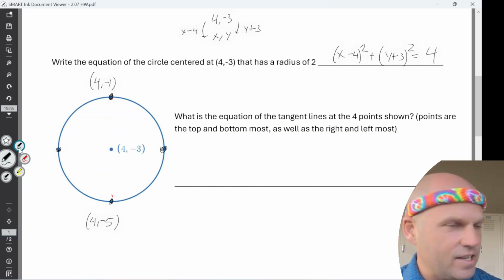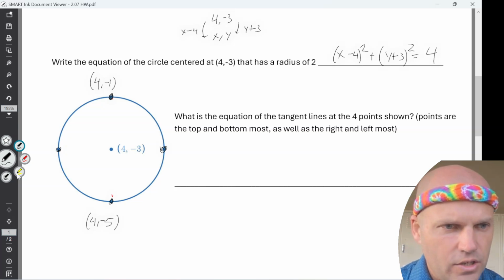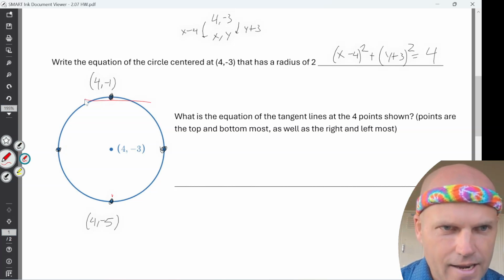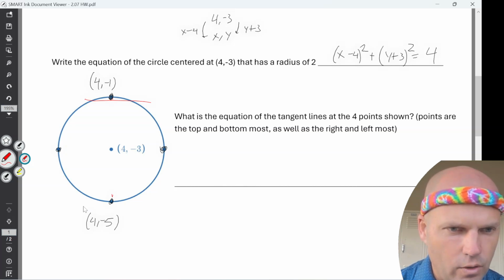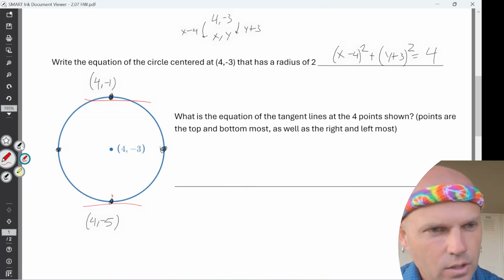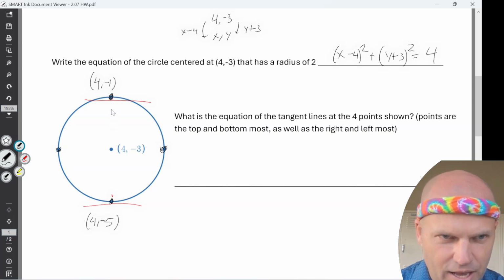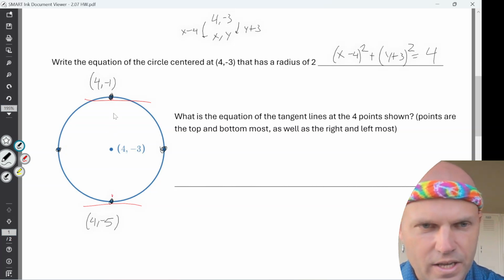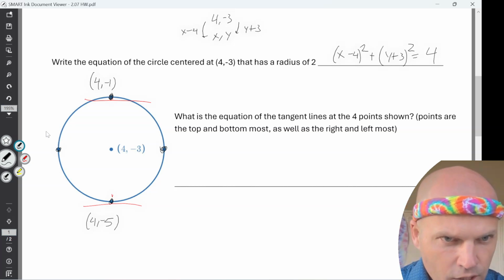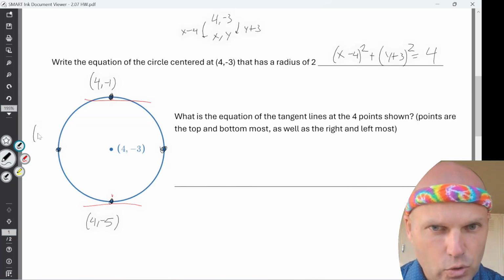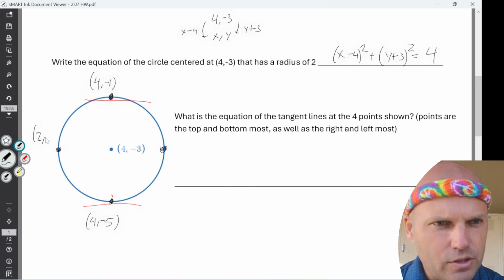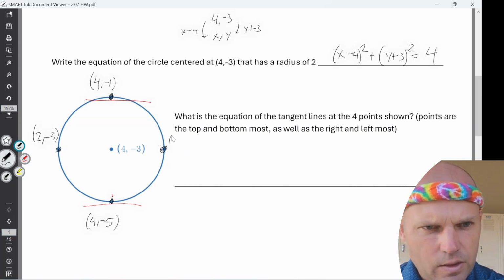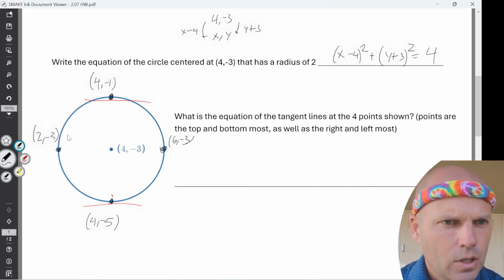Okay, I'm actually not going to say x equals 4 is the tangent at either the point 4, -1 or the point 4, -5. But it does help me remember that x equals 4 would be a vertical line. If I went left and right 2, I would get to the point 2, -3 and the point 6, -3.